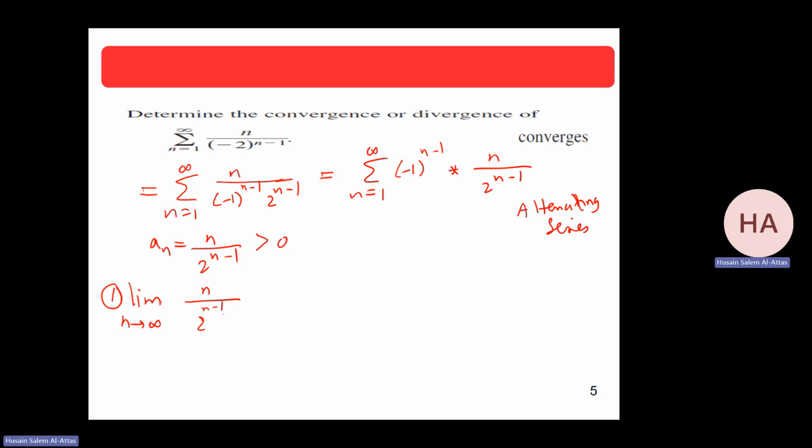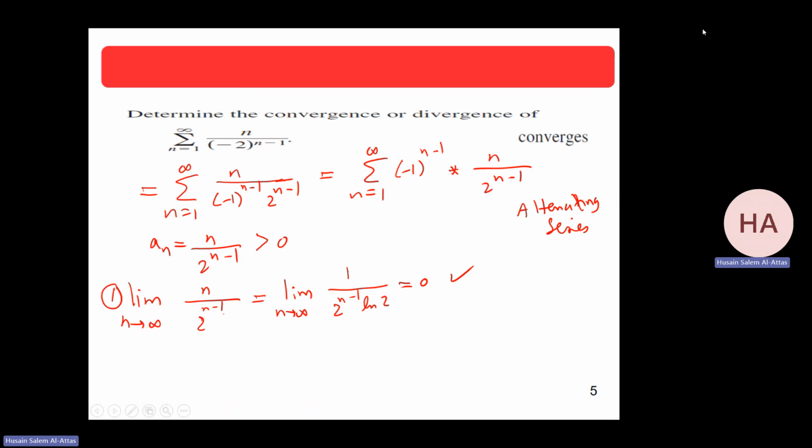If you apply the limit, I have infinity over infinity. I can use L'Hopital's rule. So it will give me 1 over 2 to the power n minus 1 times ln 2. Apply the limit again, I have 1 over infinity, which is 0. So the first condition is met. Nothing to worry about.